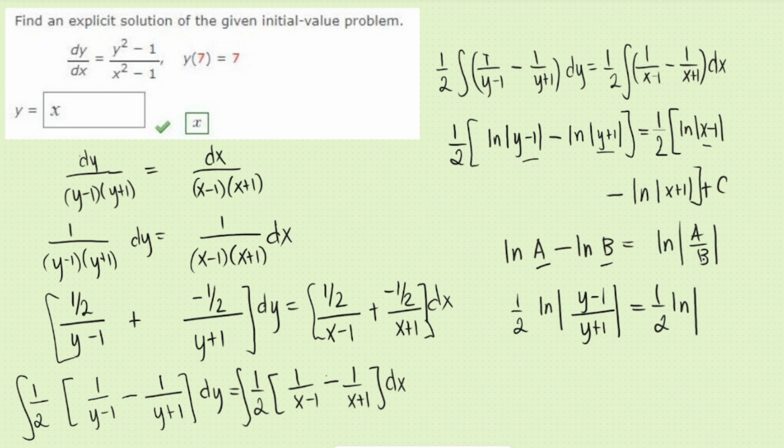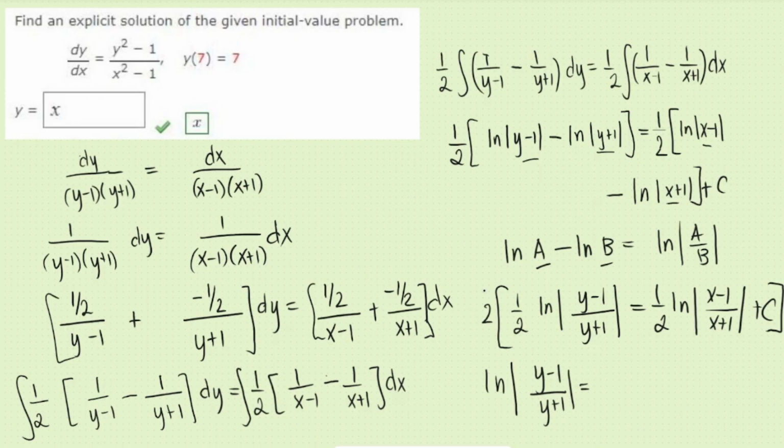Our a is x minus 1 and our b is x plus 1. So we still put the c here, and we want to multiply this both sides of the equation by 2. So we'd be left with ln of y minus 1 all over y plus 1 is equal to 2 times 1/2 is 1. So we'd have ln of x minus 1 all over x plus 1 plus 2c.